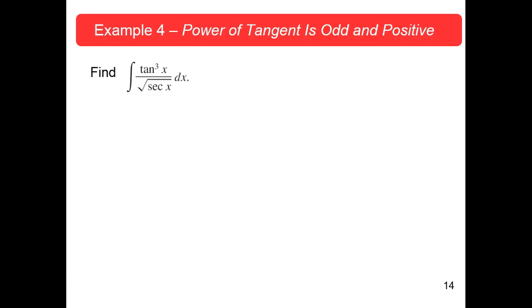Okay, so let's do this one. Now notice when they said tangent or secant, it had to be integers, odd or even. Remember, they didn't say the other one had to even be an integer. And this one it's not. What would be the first thing you would do to this problem?